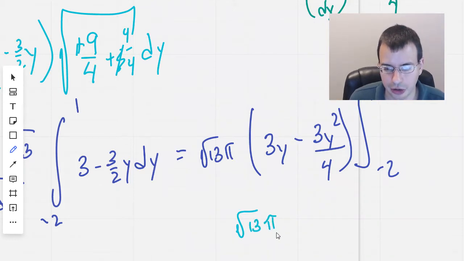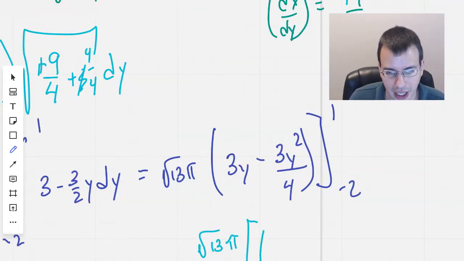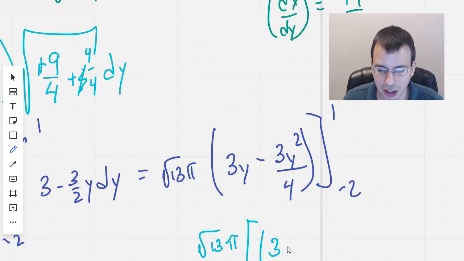Okay, square root of 13 pi. Let's start with 1. If we plug in 1 here, we have 3 times 1, which is 3, minus 3 over 4 times 1 squared, which is just minus 3/4.